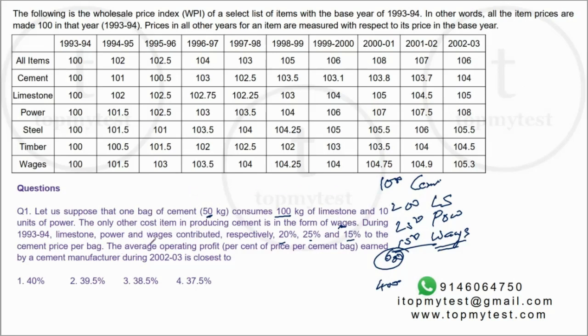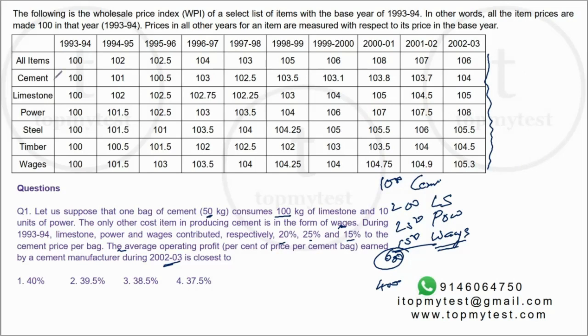The question asks the average operating profit of a price of cement earned in 2002-2003. What will be the price here? What will be the profit percentage here? If this is the trend, what is the profit percentage here? Now, cement we were able to sell at 1000 rupees, right?